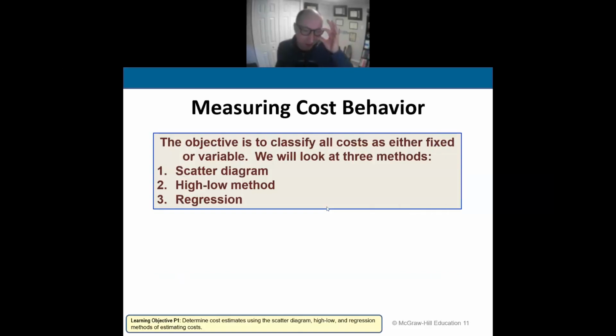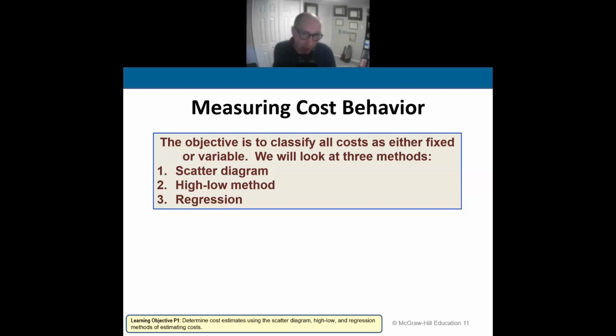So let's talk about the three methods for classifying cost: scatter diagram, high-low method, regression. The only one that I think is somewhat important is the high-low method.